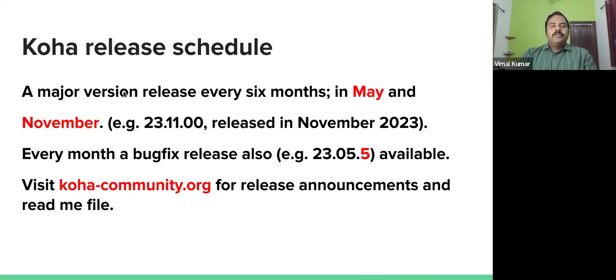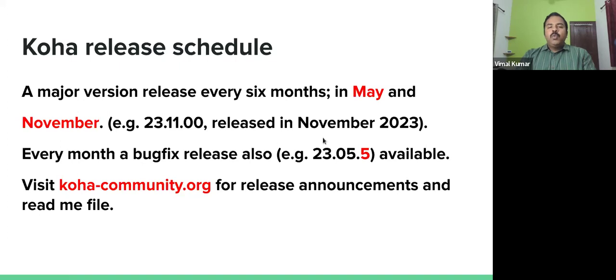Then the Koha release schedule. Every May and November, a major version will come. Every third week of May and November, a new version will come. This major version comes with a lot of new features and updates on earlier features.